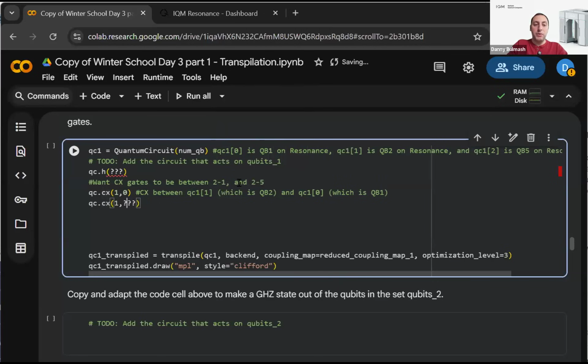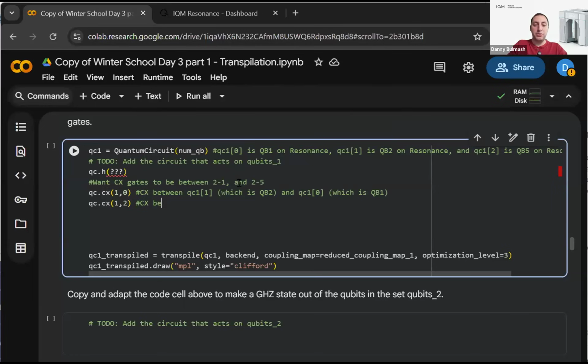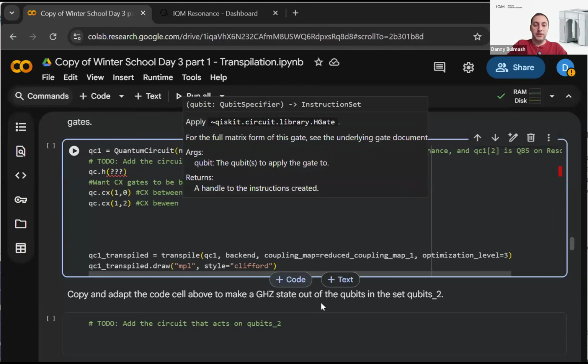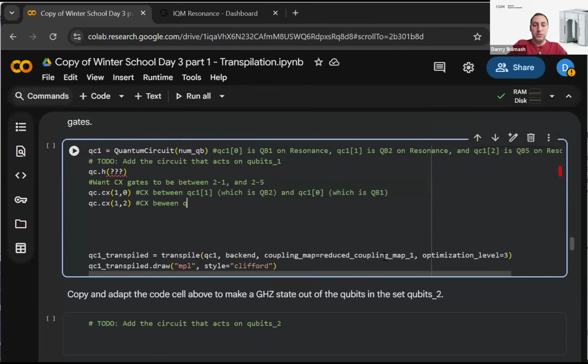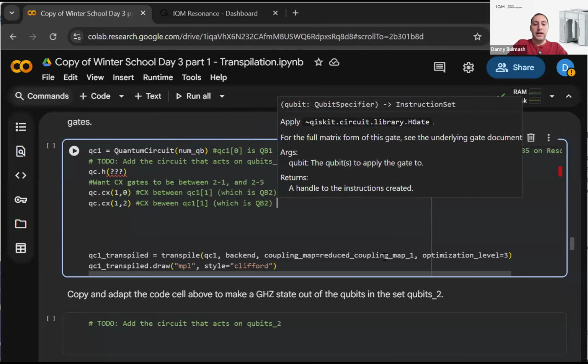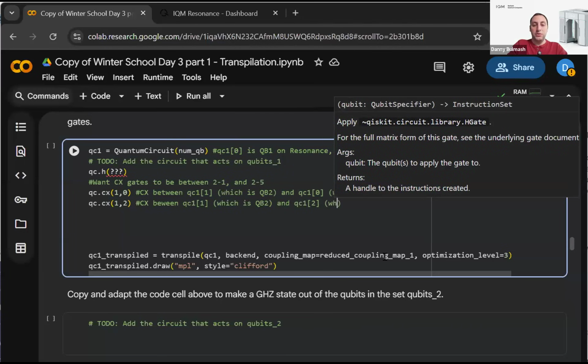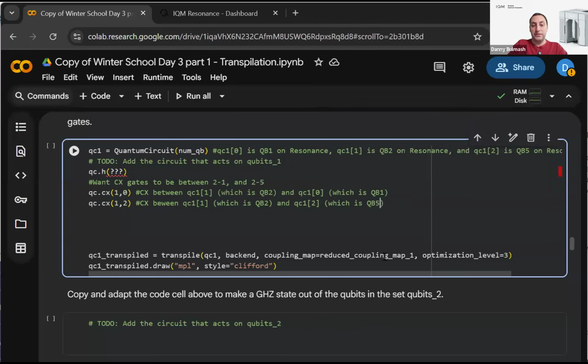And we want our other CX gate to be between QC1, 1, which is qubit 2, and QC1, 2, which is qubit 5.